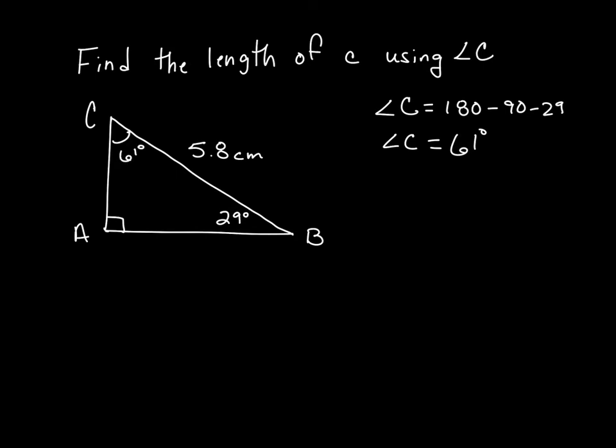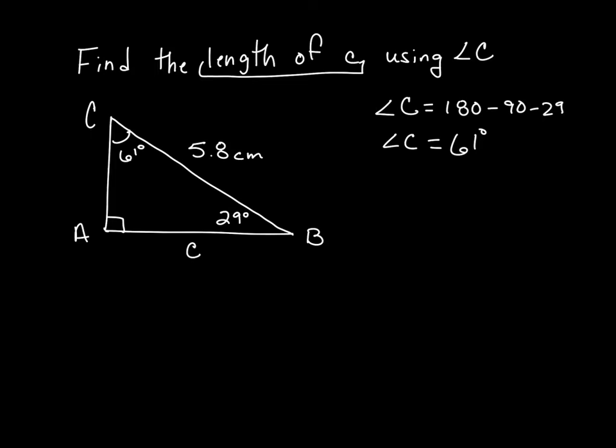Now, the next thing they want me to do is find the length of C. If you remember from the last video, we go directly across from wherever angle C is, and that gives us side C that we're looking for. What information do we have?